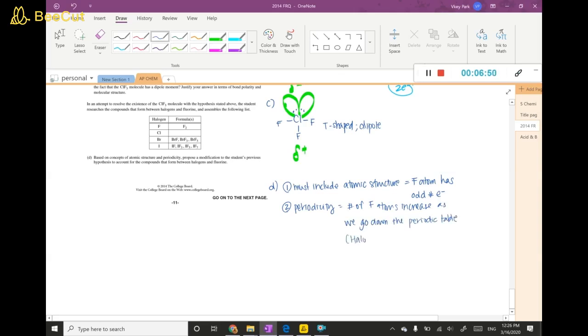Because what's increasing as we go down the periodic table? So if this is a periodic table, and as we're going down here, what's increasing? The number of electrons and the number of shells are increasing. Number of shells increase, and that is going to allow for octets to expand. Okay, cool. All right, hope this makes sense.